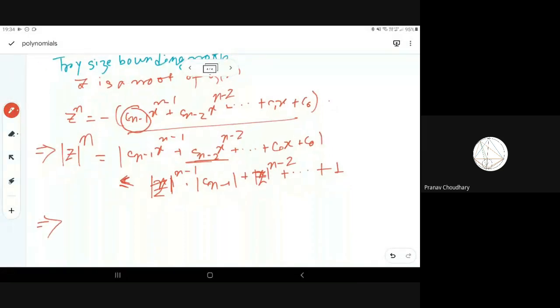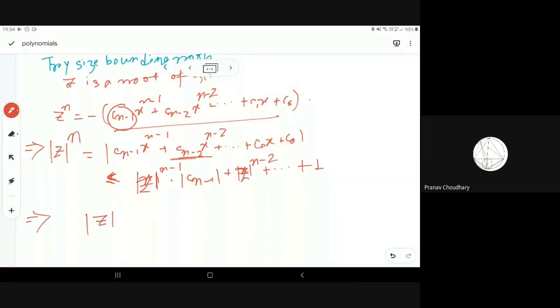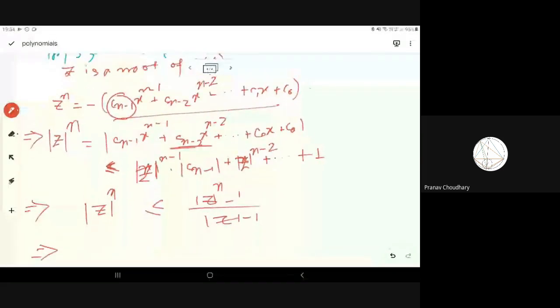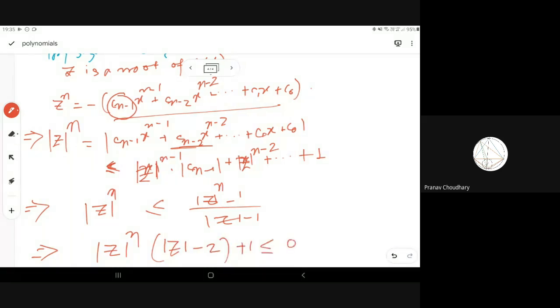If you manipulate the expression, I'll save you some algebra because I worked it out already. It comes out to be this.